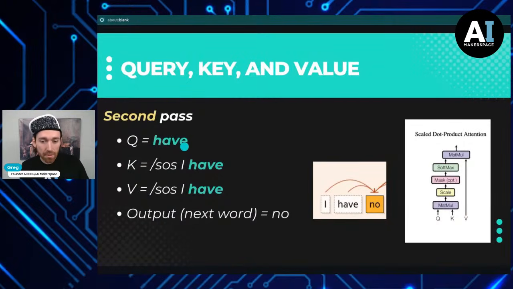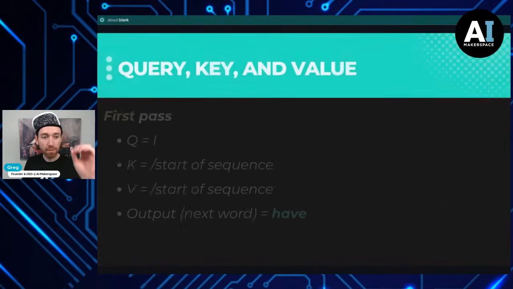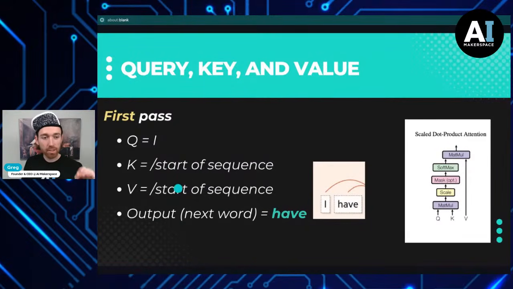And now my key and value is going to be start of sequence I. In the first pass, this should be start of sequence I. That's a slide error, because K and V are going to be every token in the sequence.